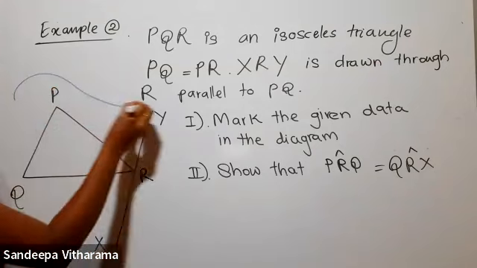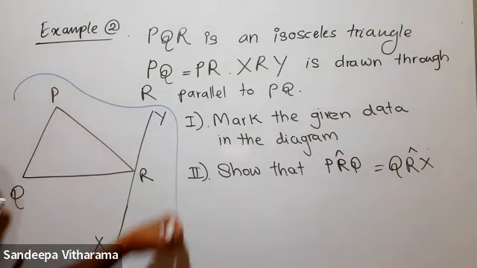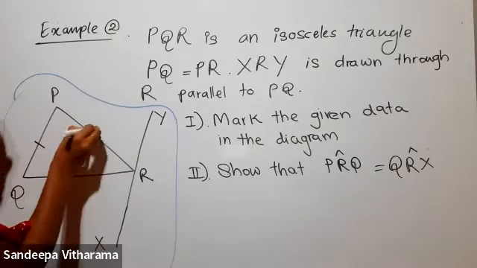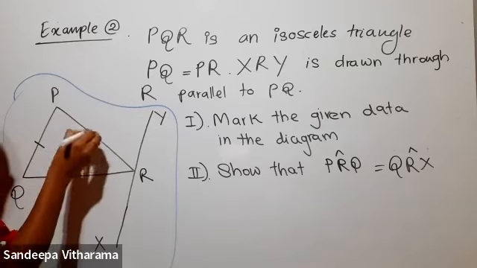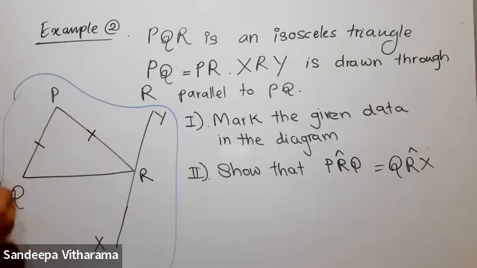Now, PQ equals PR. This is how you can indicate this in the diagram.